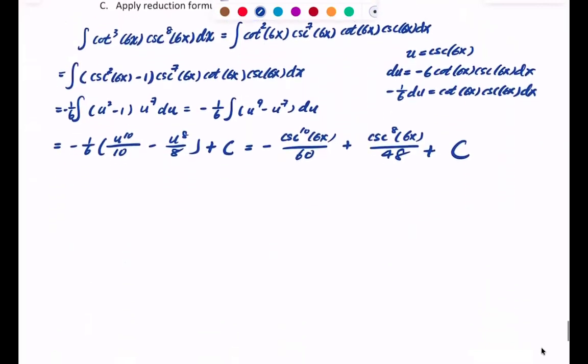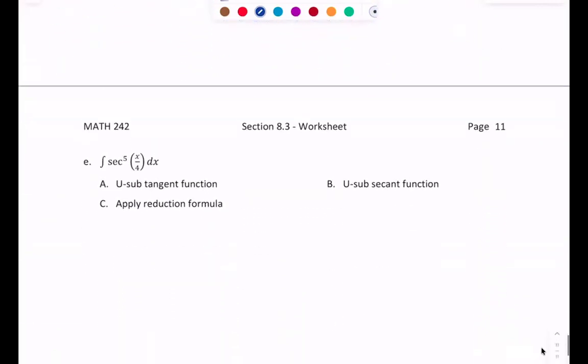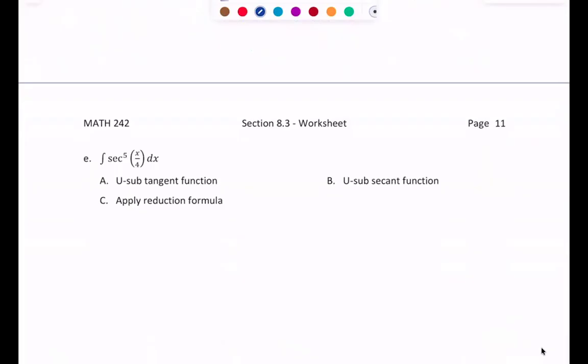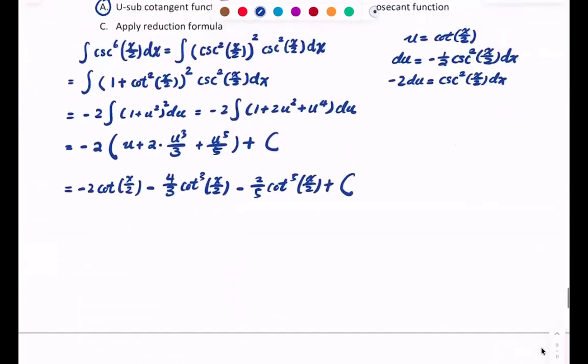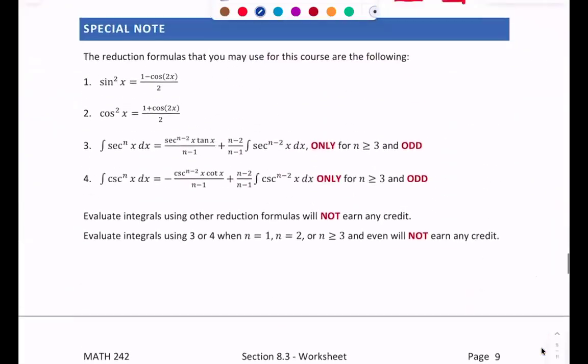Okay, next one, what's the strategy? Reduction formula, okay, so apply the reduction formula. So let me go to that page so you don't have to flip your pages.